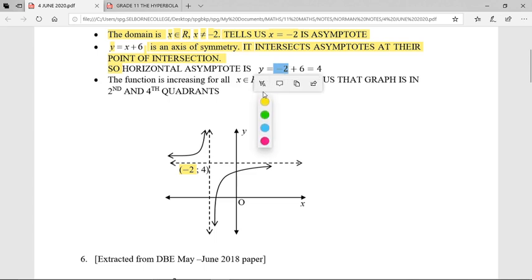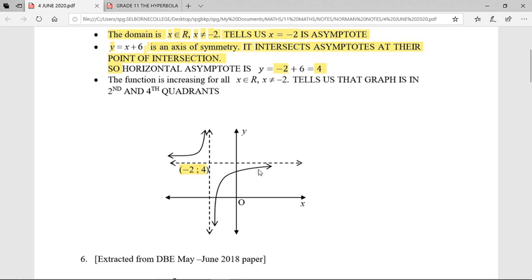Because the straight line is going to go through that point where x is -2. So instead of y is equal to x plus 6, we're going to say y is equal to -2 plus 6. So y is 4. Now, working y to be 4, that means that point is (-2; 4). It also means that the horizontal asymptote is where y is equal to 4. So we've got both asymptotes now.